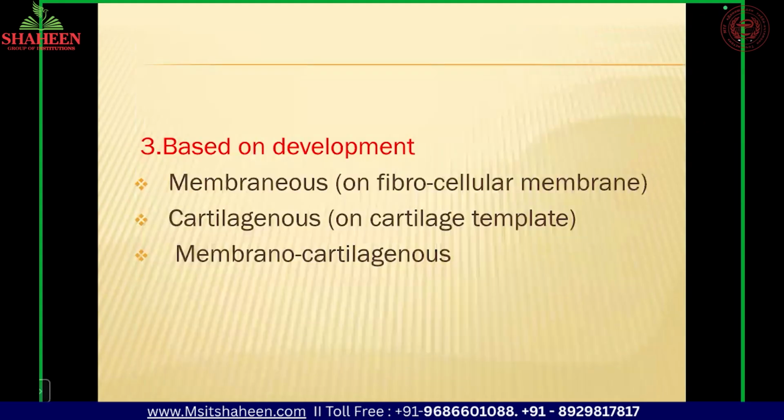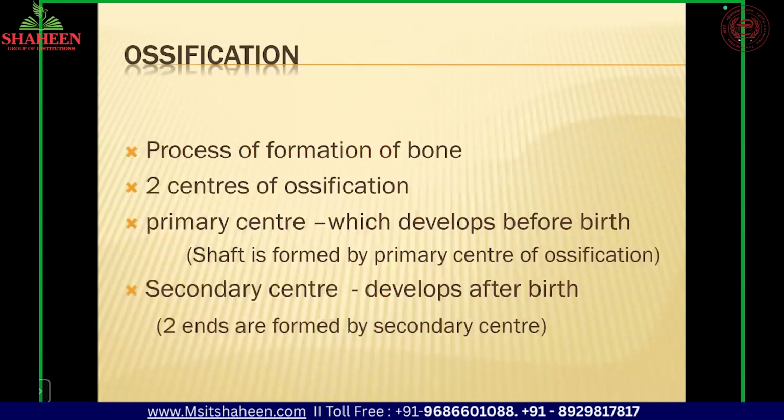So based on the development, we already discussed that ossification can be over the membrane, that is membranous ossification. If it is over the cartilage, it is known as cartilaginous or endochondral ossification. If both are present, that is known as membranocartilaginous ossification. Ossification is the process of formation of bone.